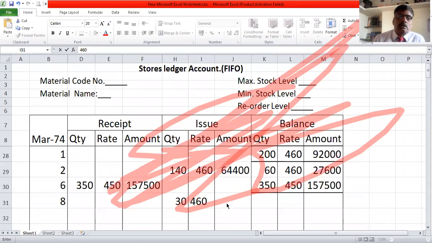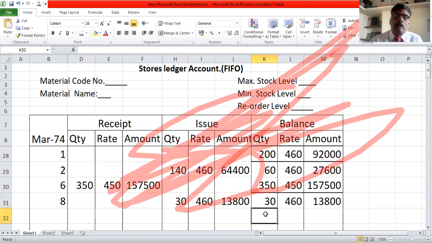30 into 460 is 13,800. Okay. Now balance is again 30 from the first lot, 30 at the rate of 460, 13,800.